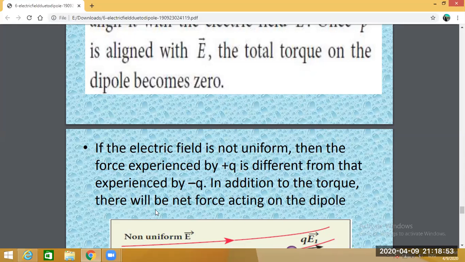Okay, so try to understand. In addition to the torque, there will be a net force acting on it. In the case of a uniform electric field, the net linear force was zero, but the net torque was non-zero. But here, the net linear force will be non-zero and the torque is already non-zero. So there will be two kinds of motion, rotational as well as translational.